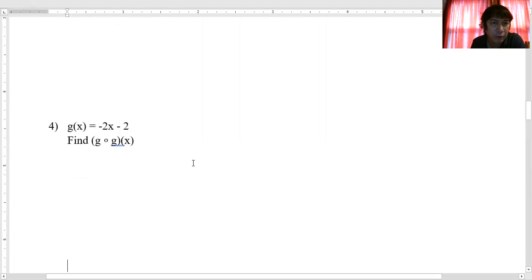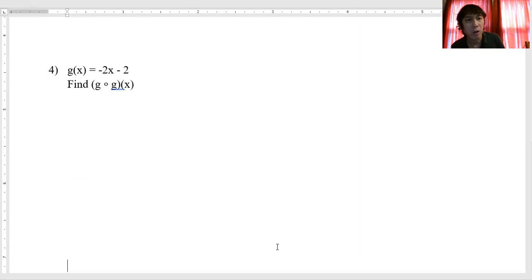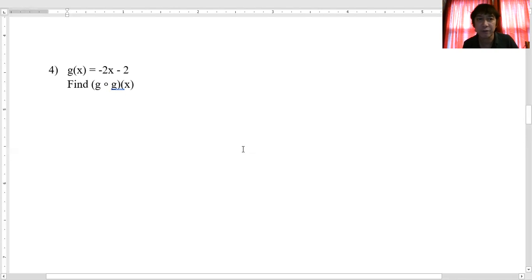Okay, here's number 4. Okay, we have here one given function. Now, we're asked to get g composition g of x. Well, this means the g will be the input to itself. All right, use your imagination. Okay, you're asked to input the same function to itself. And so we do it this way.